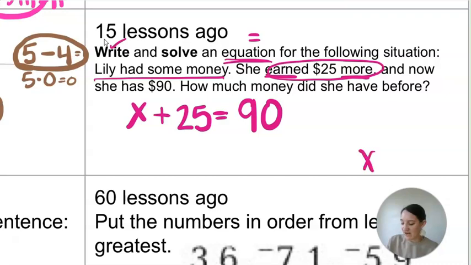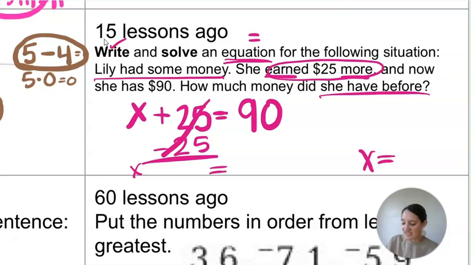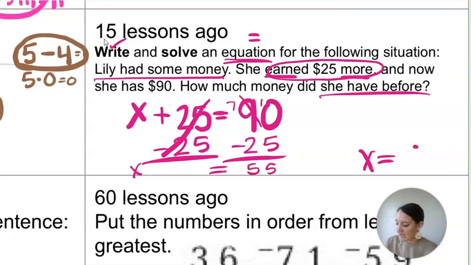So I need to find out, how much money did she have before? So at first I'm going to isolate the variable. So that'll give me 0, and I'll have x by itself. And then because there's an equal sign, to keep things equal, I needed to do the exact same thing on the other side. That gives me 55. So x is 55. She had $55 before.